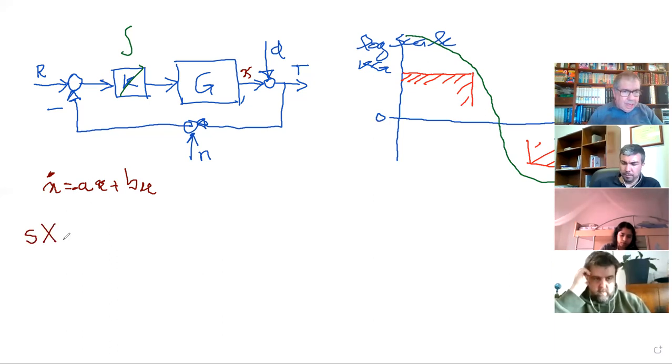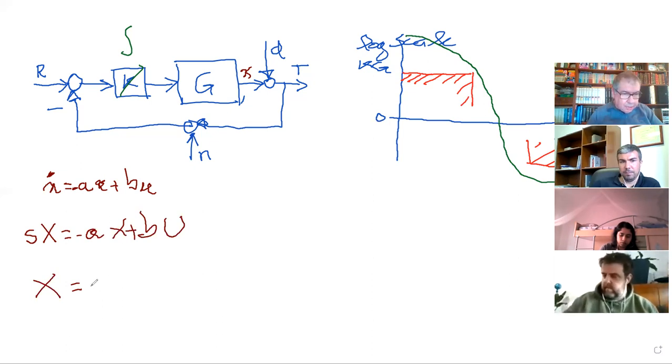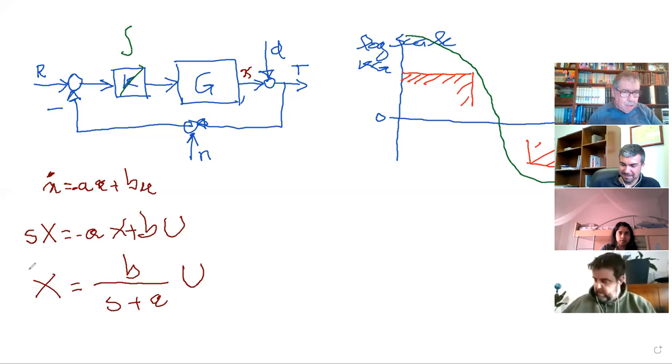So my equation becomes s X equals to minus a X plus b U. So I solve it with respect to X, and this gives me X equal to, I don't ask you what is the result, because it would take about 2 hours to find the wrong answer. This should be b over s plus a. You agree? I just solve it. Okay, this is an algebraic equation, so I solve it with respect to X.